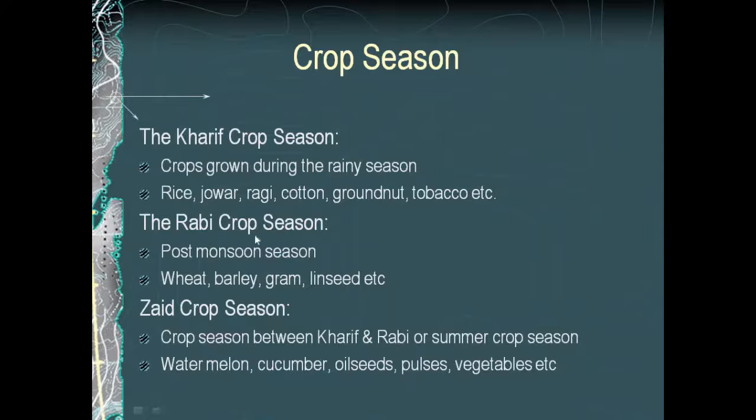Between the onset of monsoon and after the monsoon, summer season will not come. But for examination purposes, we have to write like this. Actually, it is between Rabi and Kharif season that summer comes. Here the main crops are watermelon, cucumber, oilseeds, pulses, and vegetables.